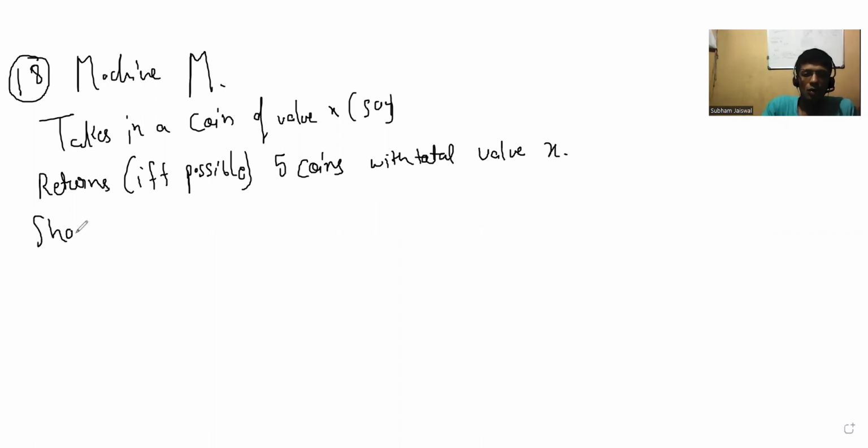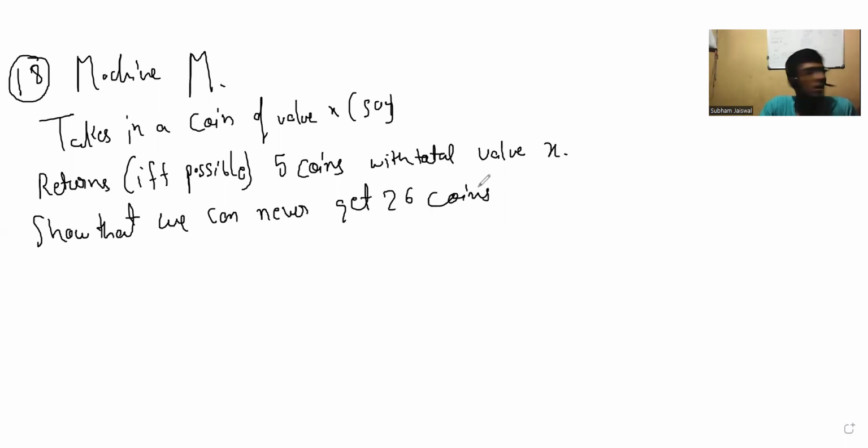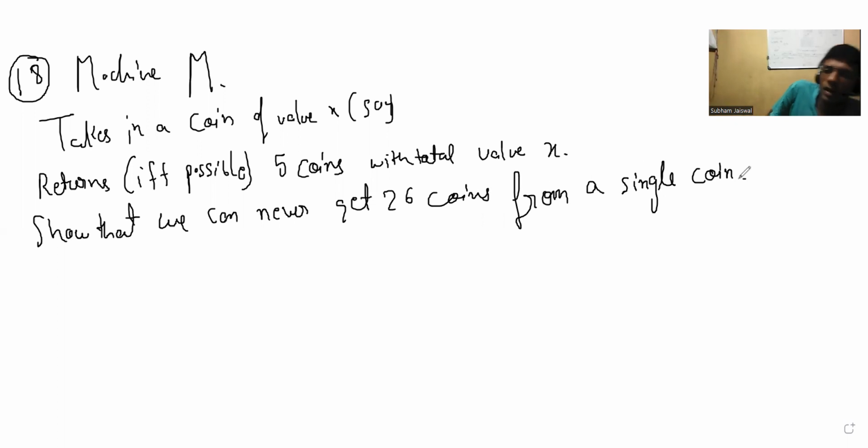Whatever the values, that's not the point, just 26 coins from a single coin. No matter what your initial value is, and no matter what standard coins are available to you, you can never go from 1 coin to 26 coins.